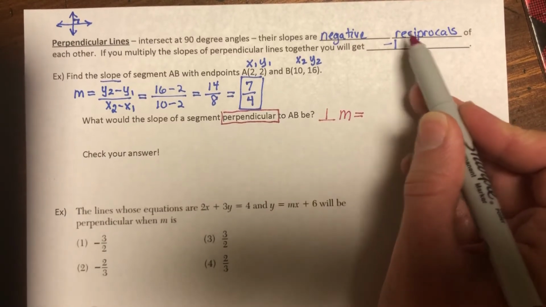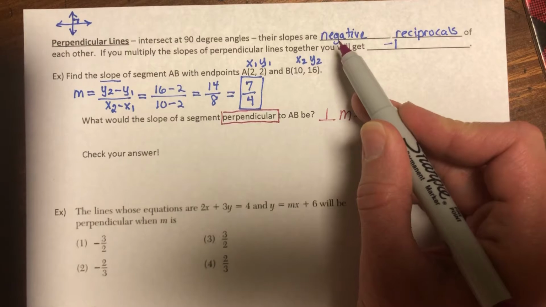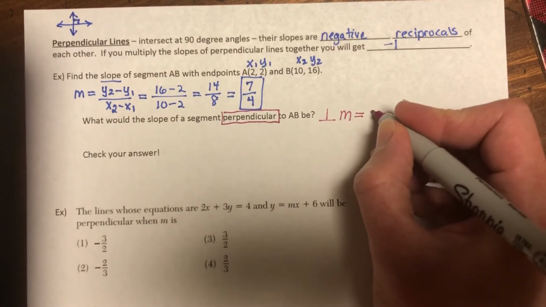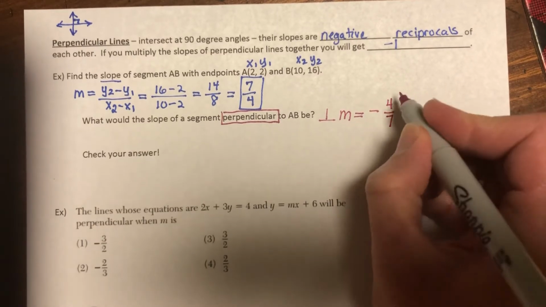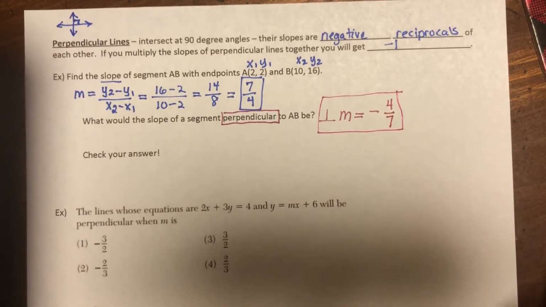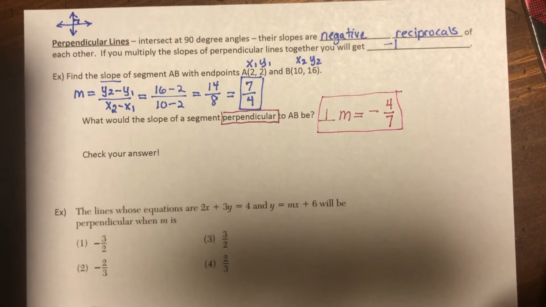And the negative just means we're going to change the sign. So we change the sign to a negative, flip the fraction, and we get -4/7. So our perpendicular slope is just going to be -4 over 7.